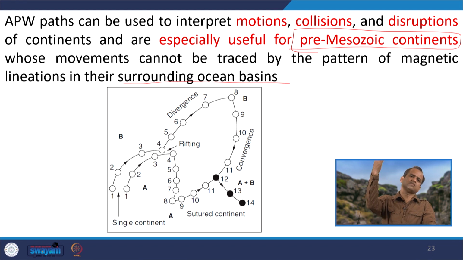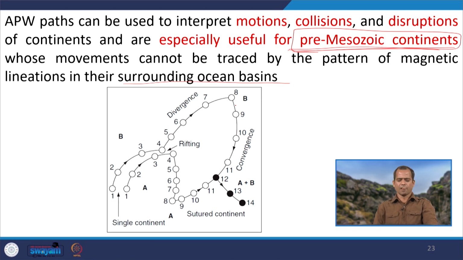But beyond the early Cretaceous, that means beyond the Mesozoic, if we want to study the position of a place, we have to go to the continent, because no ocean floor older than that exists. So, this pre-Mesozoic continental reconstruction we can get from paleomagnetic study.